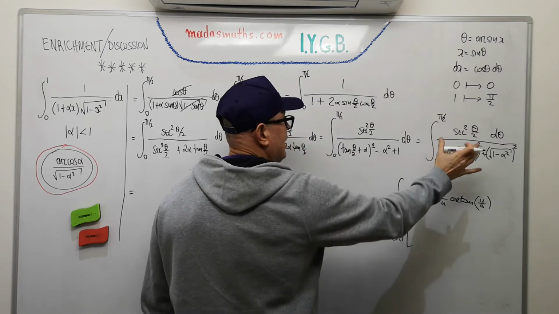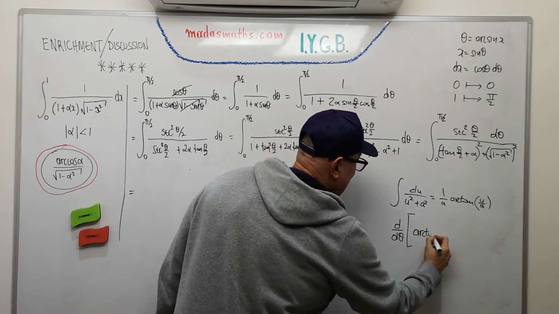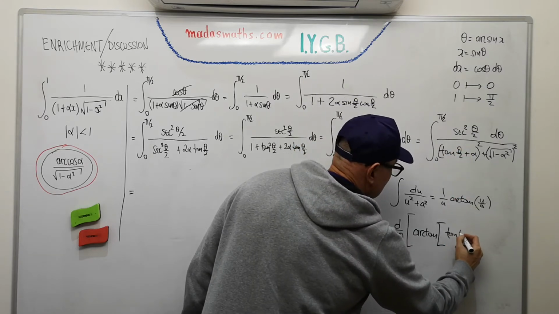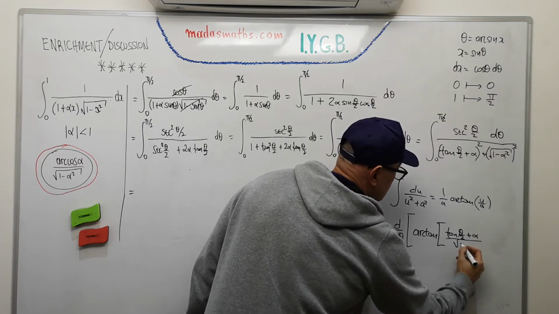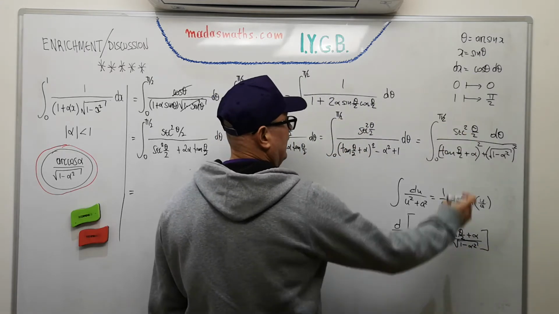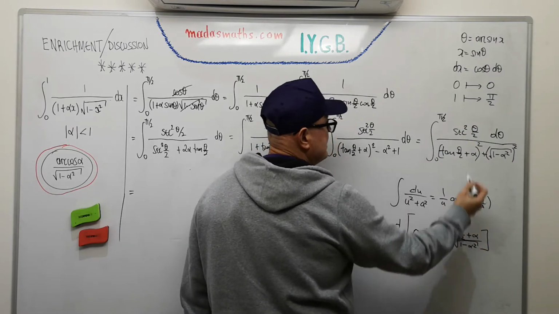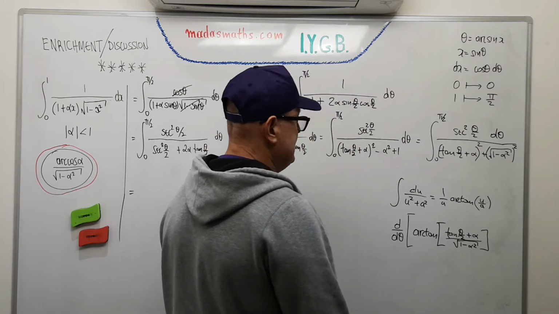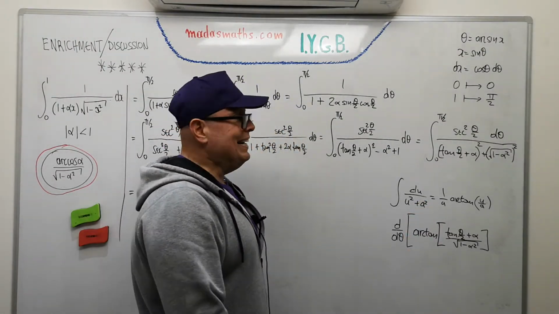I need to differentiate to get this quantity, d by d theta of the arctan of tan of theta over 2 plus alpha over the square root of 1 minus alpha squared. It will produce all these bits, including, of course, when we differentiate the tan in this numerator, we'll get the sec squared of theta over 2. If you cannot see it, I'll try to explain better, but this is actually very difficult, and I don't know if I'm good enough to explain. I might be good enough to do it.